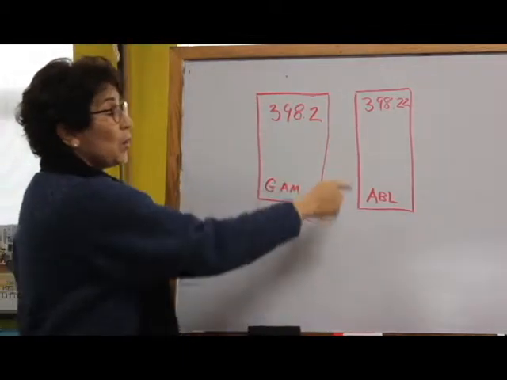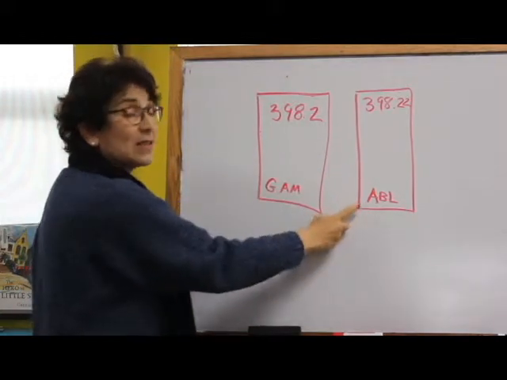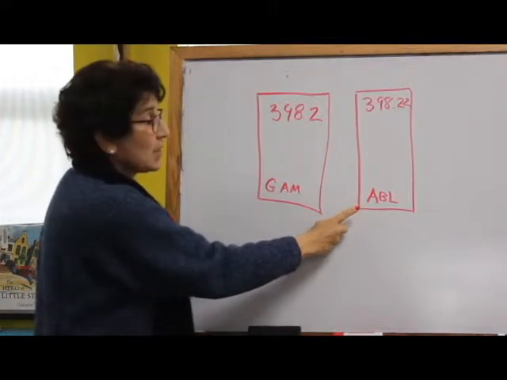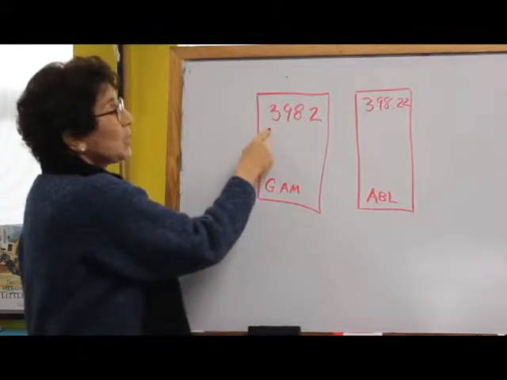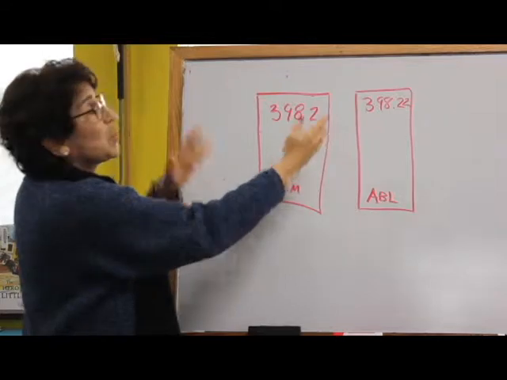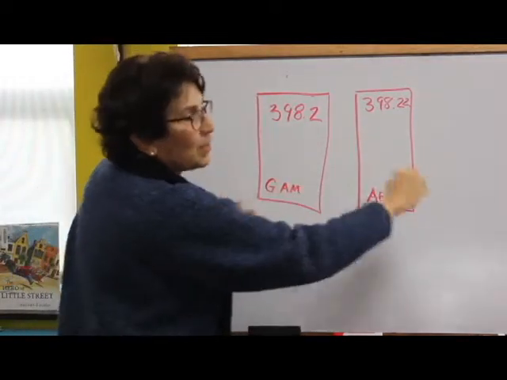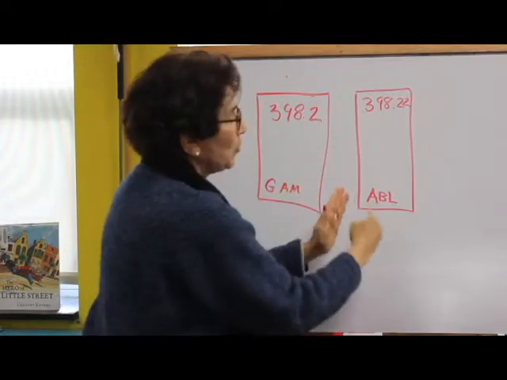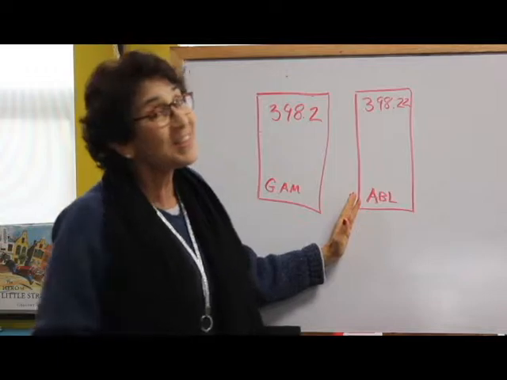Even though 398.22 has the first three letters of the author's last name, ABL, and A comes before C, this one is simply 398.2, so it is going to show up first on the bookshelves. Then we'll eventually get to 398.22, and you'll put all those into ABC order by the first three letters of the author's last name.